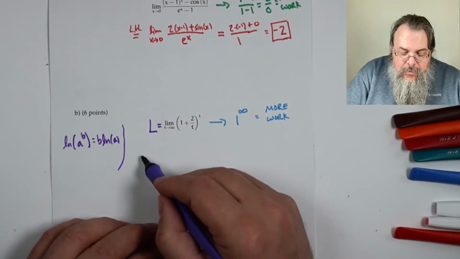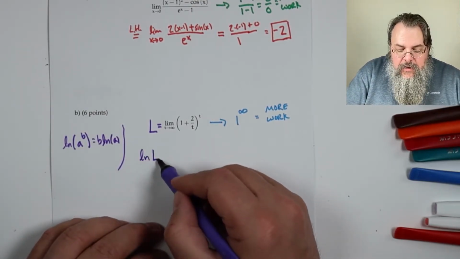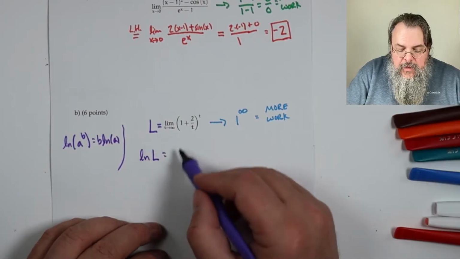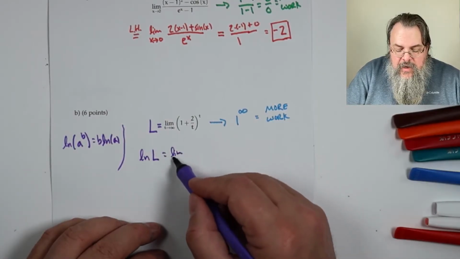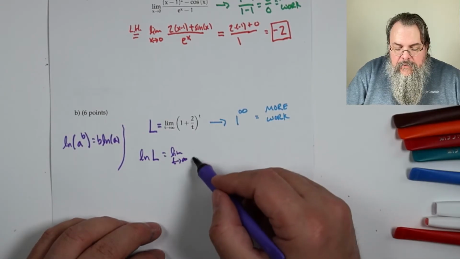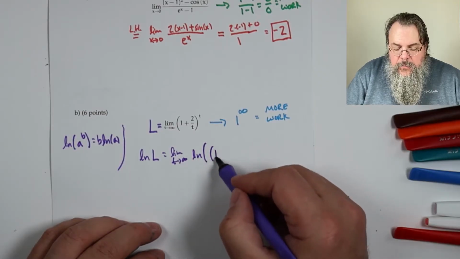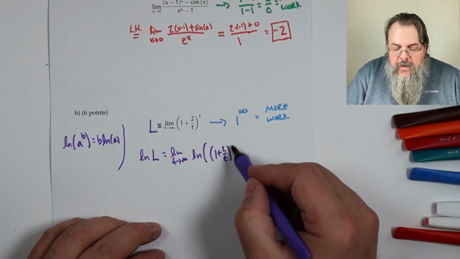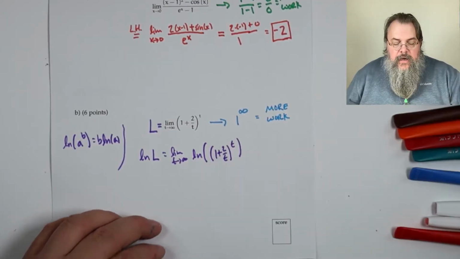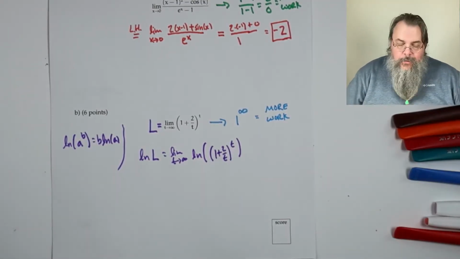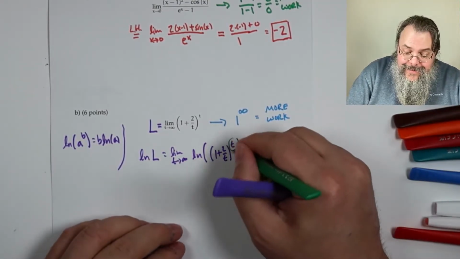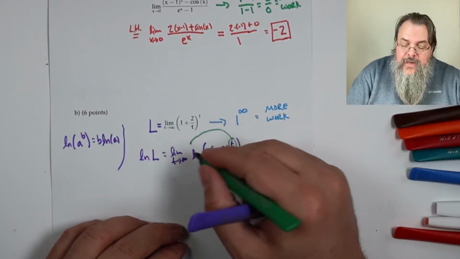All right, so what do we have? Log L becomes, we can put the log inside, the limit as t goes to infinity of log of what we're trying to take the limit of. And by design, that comes down. But you know what?